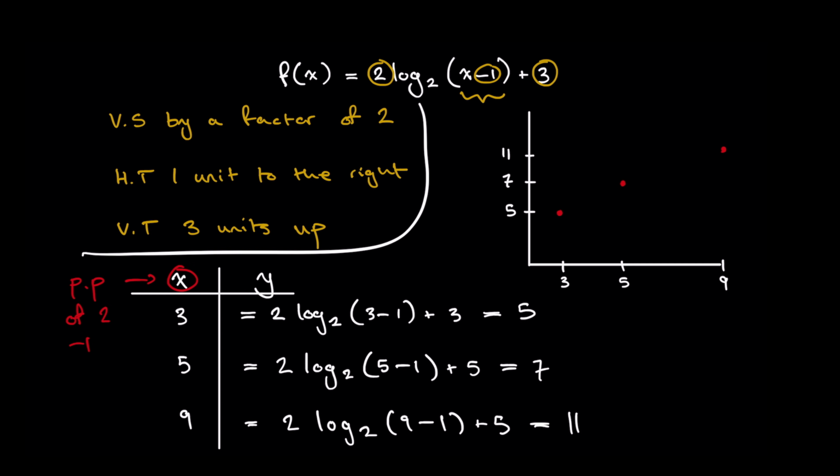And remember that logarithmic functions have a vertical asymptote at the vertical line x is equal to h. And in this case, h is 1. So the vertical asymptote will be at x is equal to 1. And so we can draw that in there.